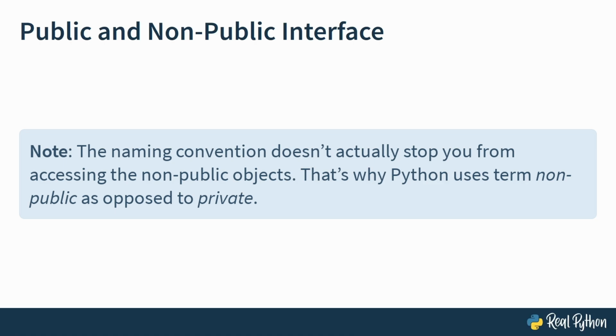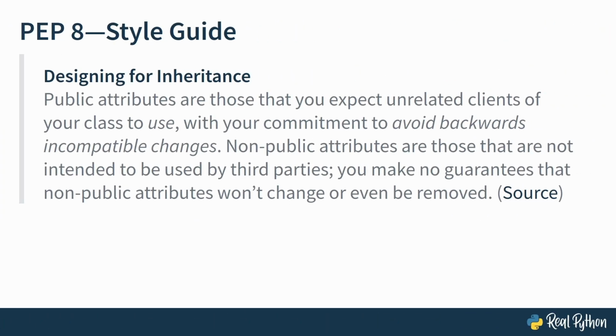And if you want to find out how things work in Python, what do you do? Look at the PEPs. So please go back to PEP 8, the style guide. And there you will find a section called Designing for Inheritance. Public attributes are those that you expect unrelated clients of your class to use with your commitment to avoid backwards incompatible changes. Non-public attributes are those that are not intended to be used by third parties.